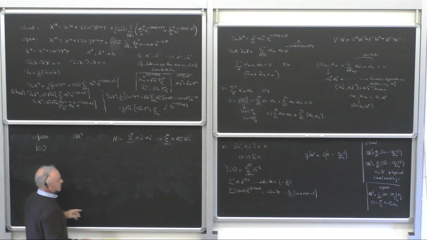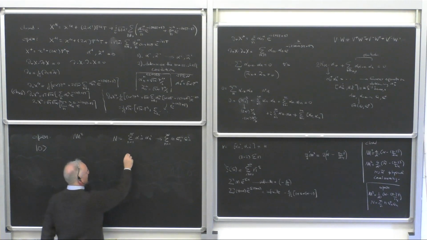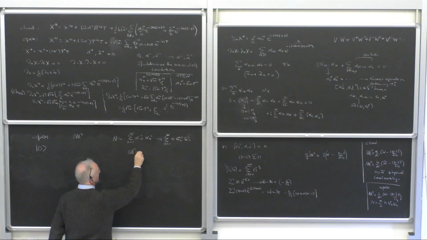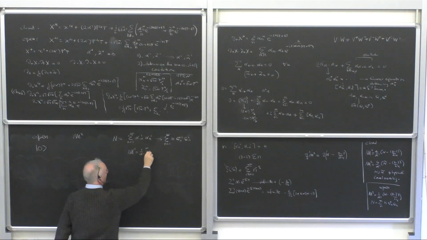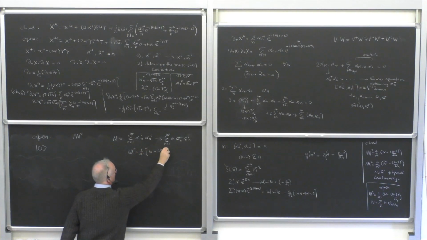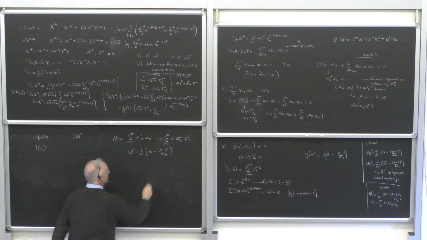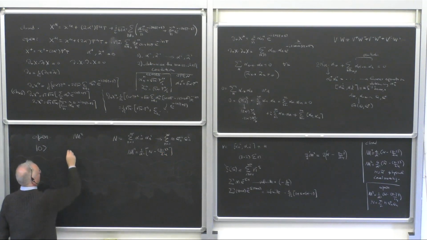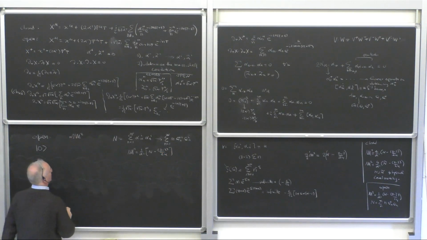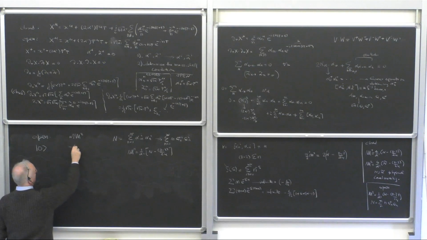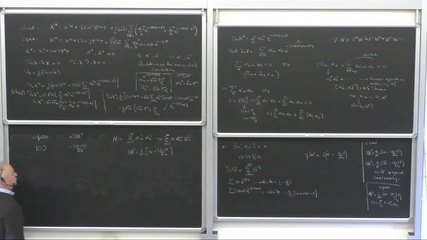And then the mass squared, which is given there, but let me rewrite it here. For the open string, it's 1 over alpha prime, N minus (d minus 2) over 24. Actually, let me write alpha prime M squared, so we don't put this factor all the time. The mass of this state is minus (d minus 2) over 24.